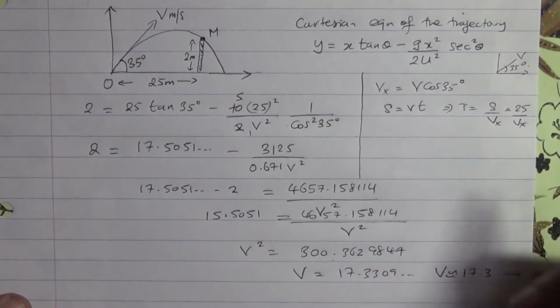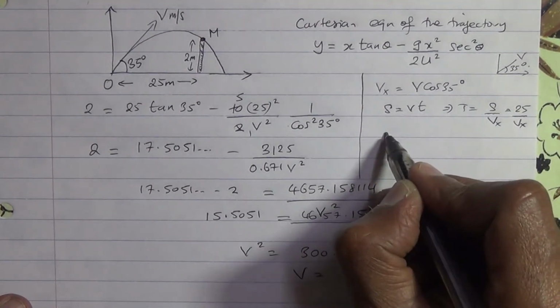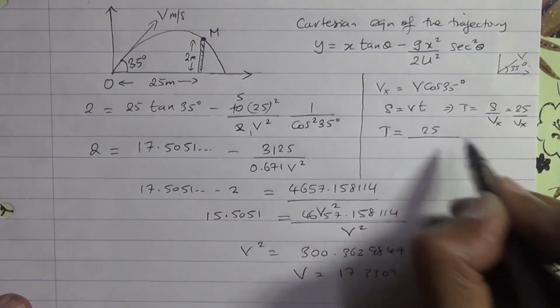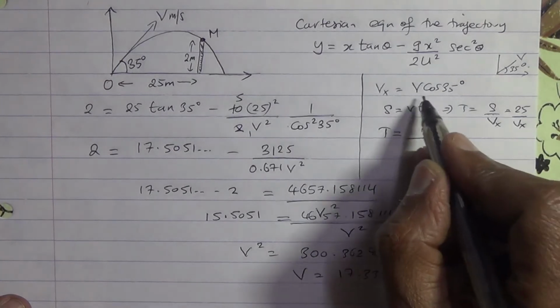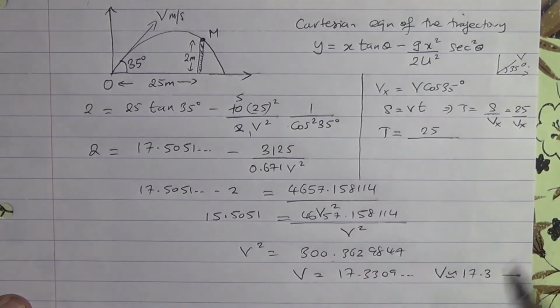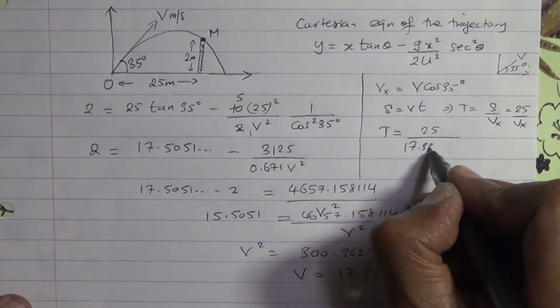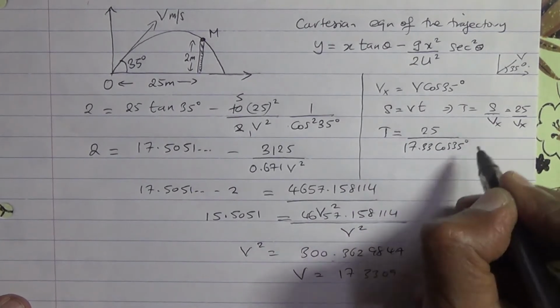So the value of t is going to be 25 divided by Vx, which is v cos 35, and v turns out to be 17.33, so 17.33 times cos of 35 degrees.